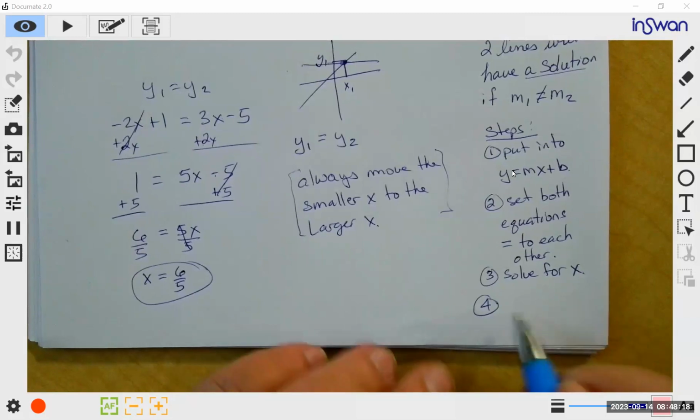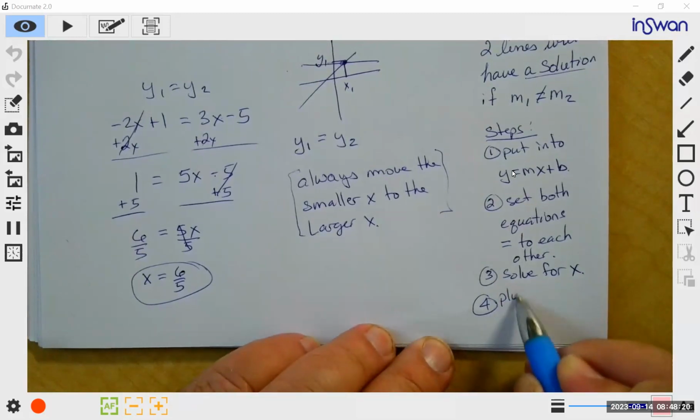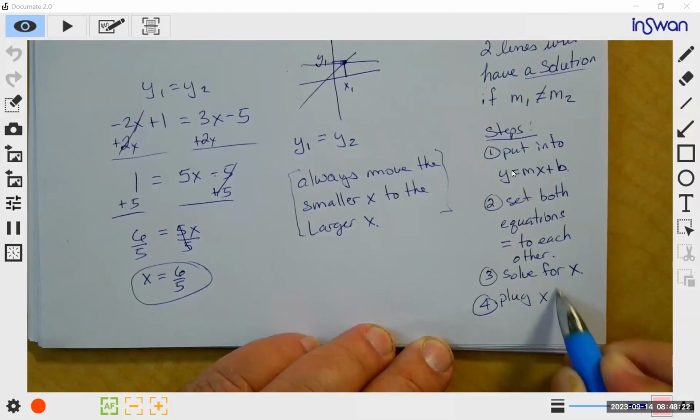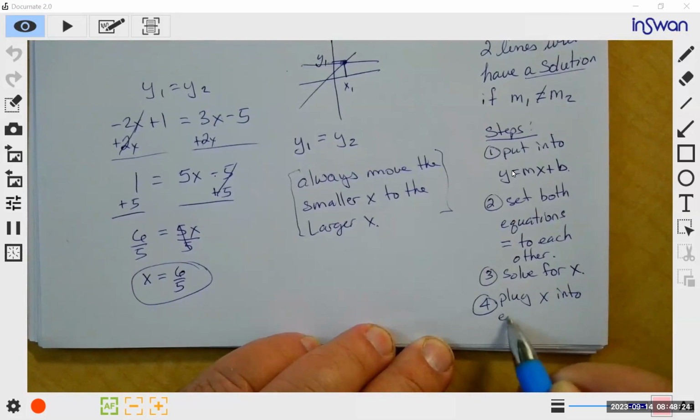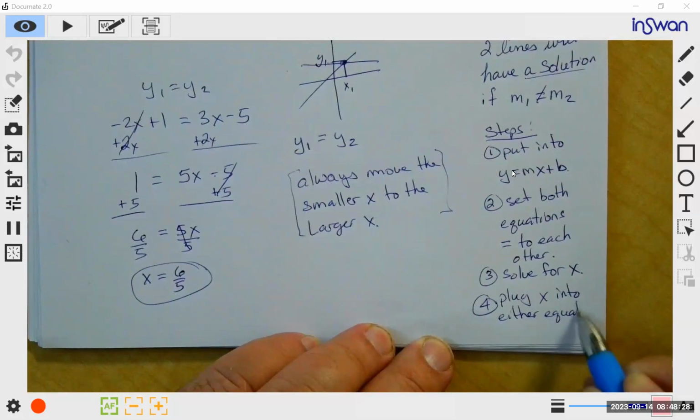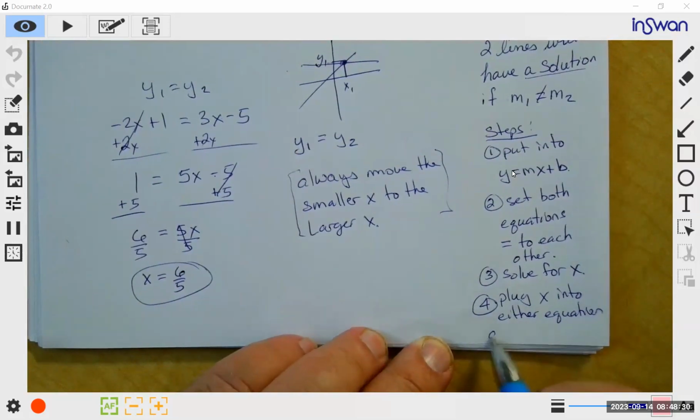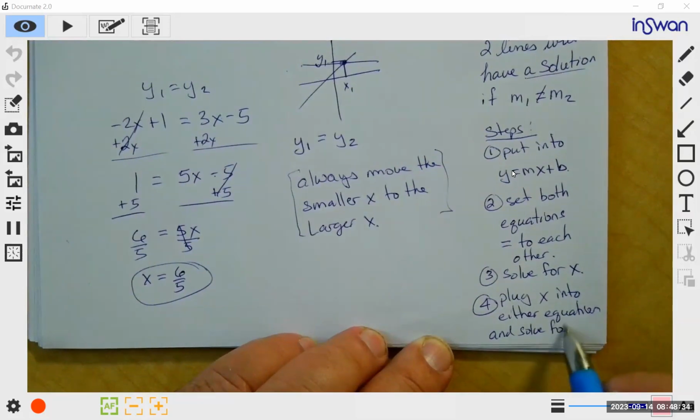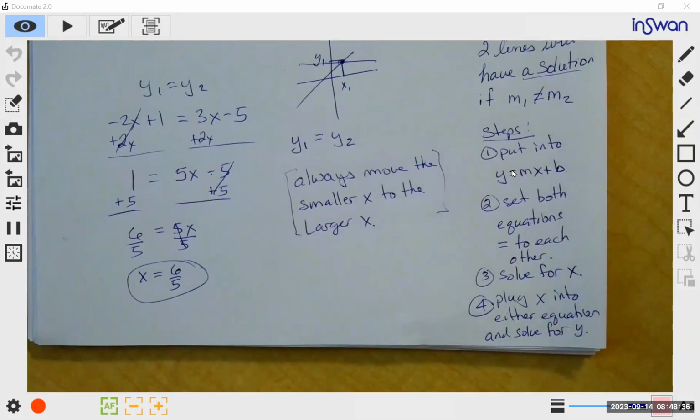So now plug x into either equation and solve for y. Because if they have a solution, the point where they meet has to be the same in both lines.